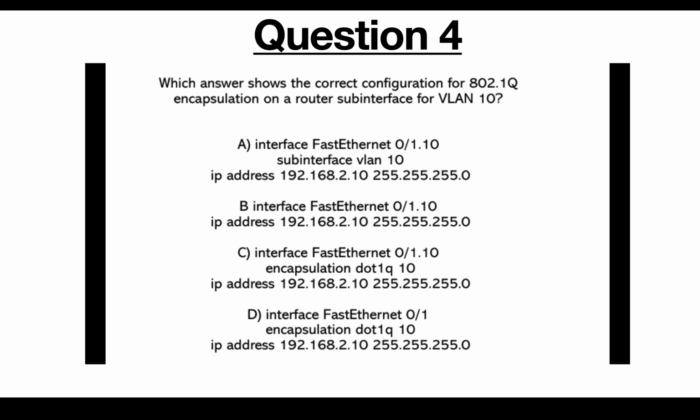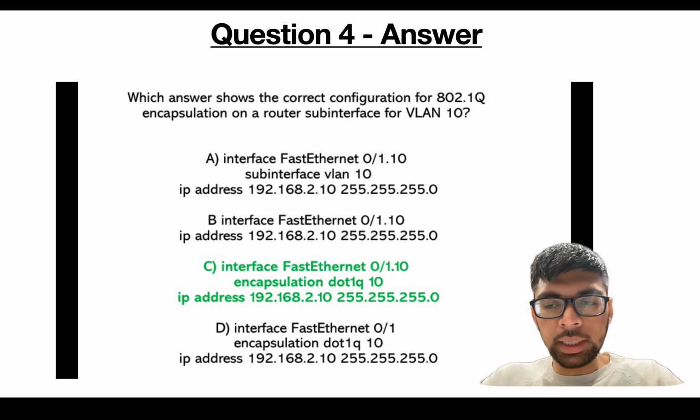So you've got A, B, C, and D. I'd recommend everyone to pause the video, read through them, and I'll play the answer in about 5 seconds. Okay, so 5, 4, 3, 2, 1, 0. So the answer is C.